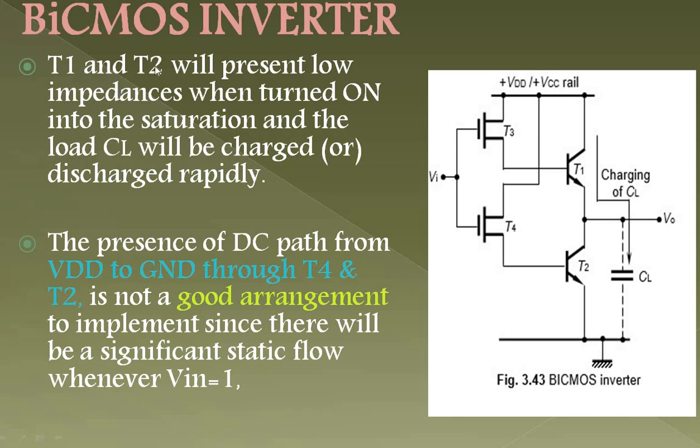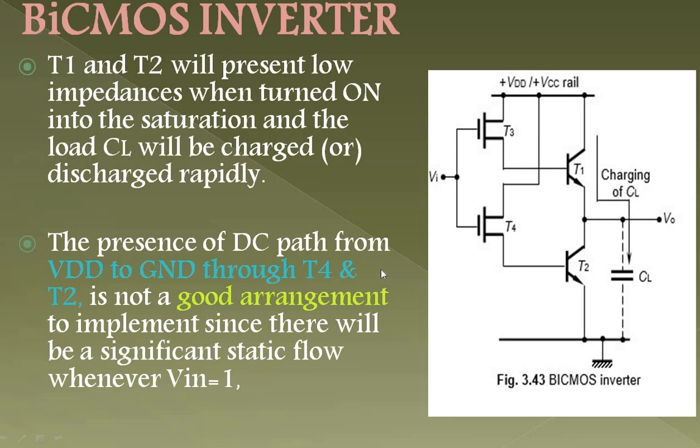See, T1 and T2 will present low impedances when turned on in saturation region, and load CL will be charged or discharged rapidly. Both T1 and T2 will be in low impedance over here, and the presence of a DC path from VDD to ground through T4 and T2 is not a good arrangement. This is a very important note.